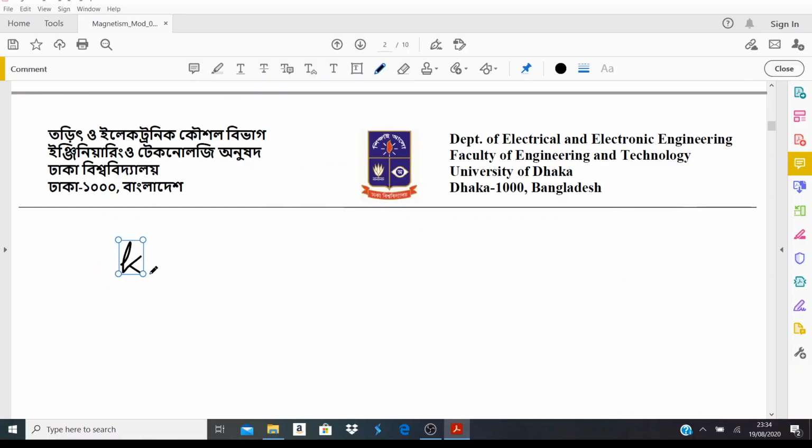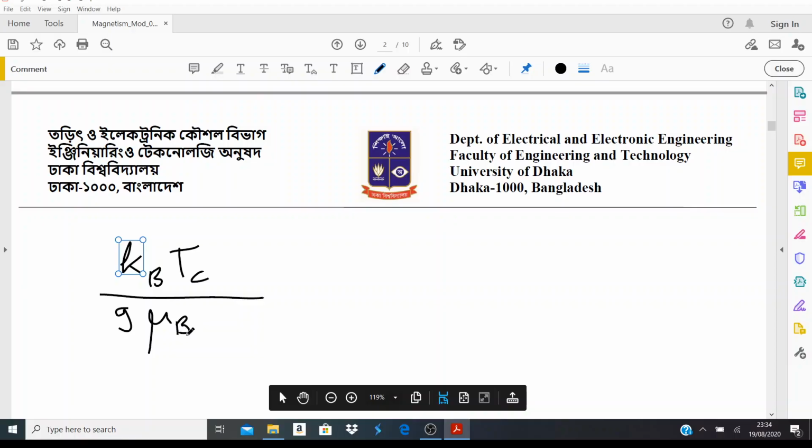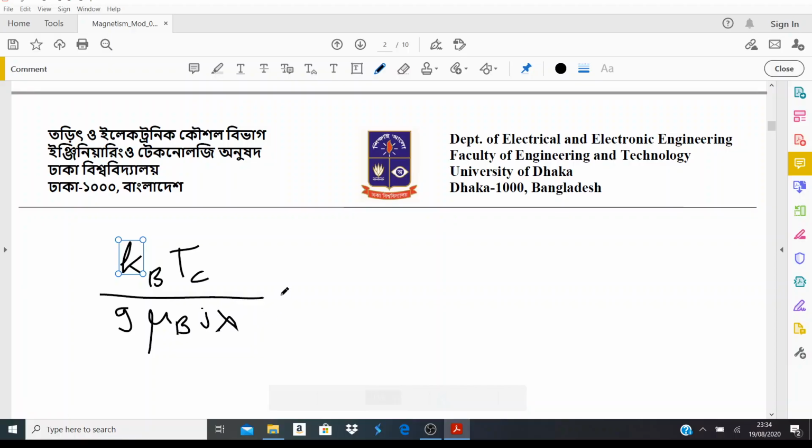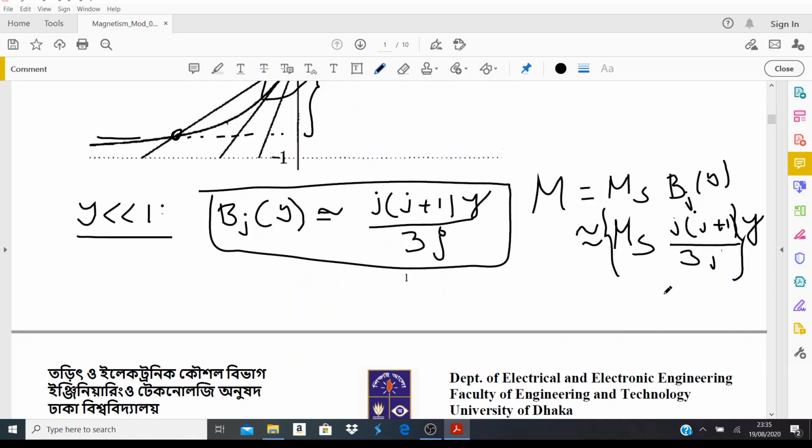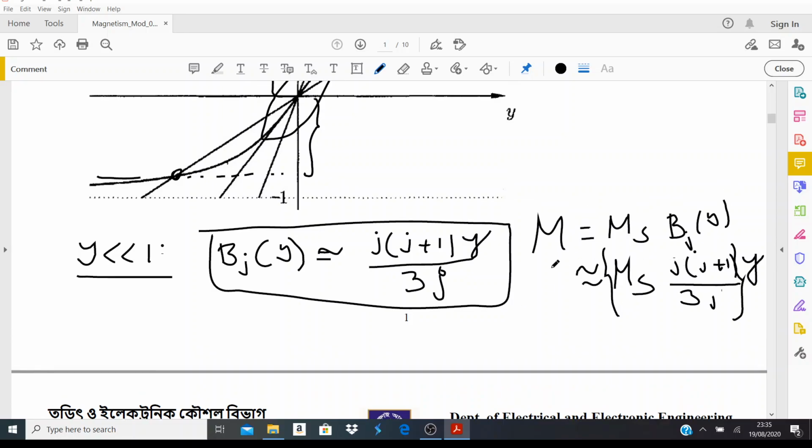So if you equate these two slopes, one from the straight line and one from the linearized Brillouin function, I think I have made a mistake here. There shouldn't be any J here.